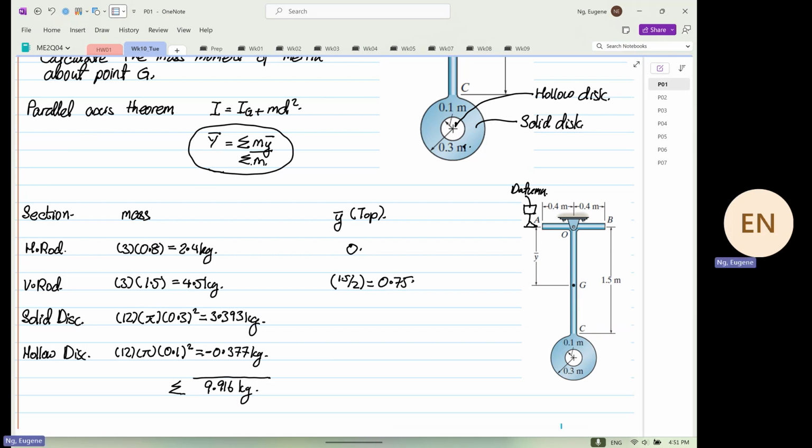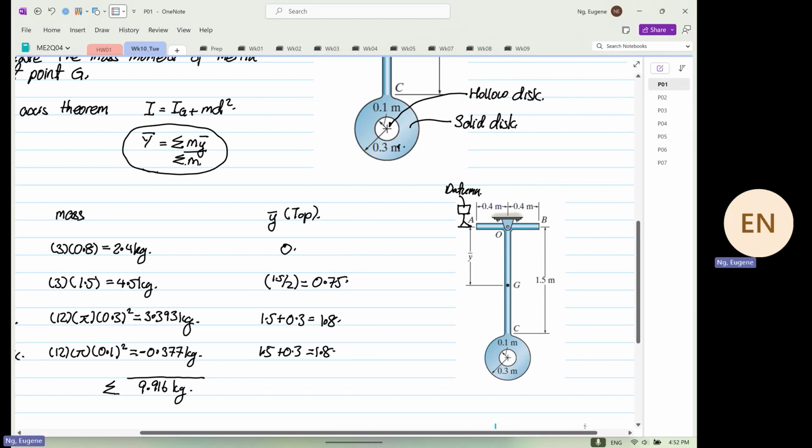And then the solid disk, either the hollow or the solid disk, the distance is equal to what? 1.5 plus 0.3, so this is 1.8. Likewise, over here, this is 1.5 plus 0.3. So what is going on down here? Why is the horizontal rod equal to 0?